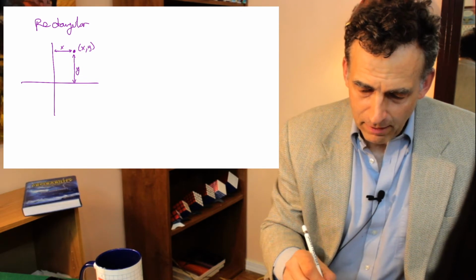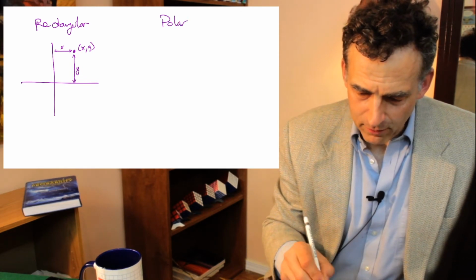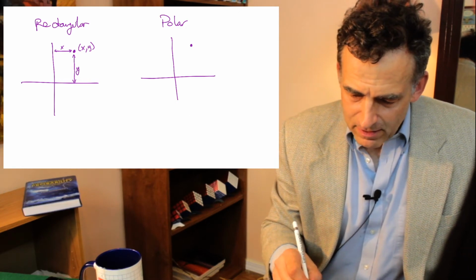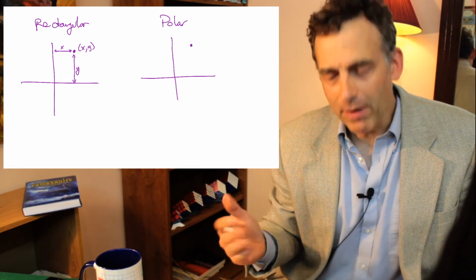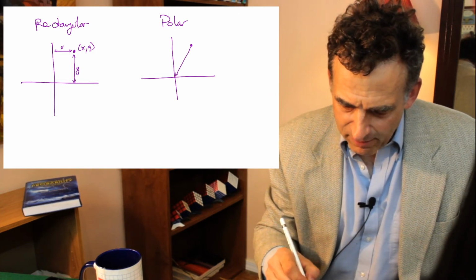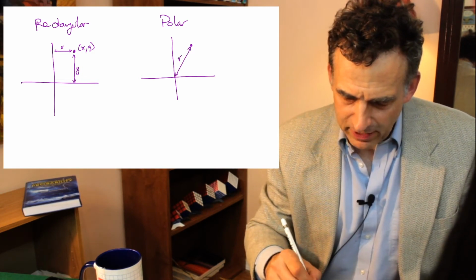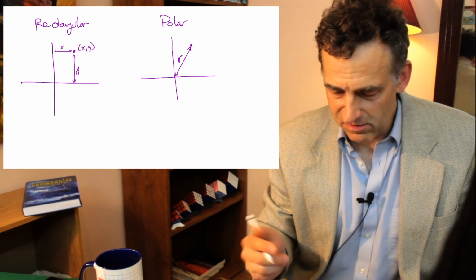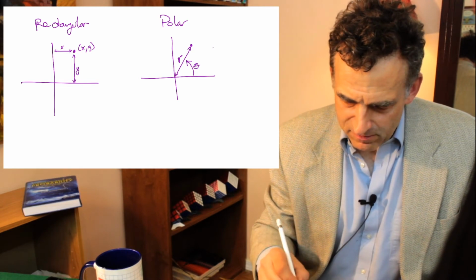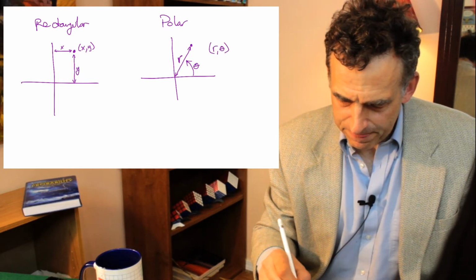In polar form, you have a similar situation. You have a point, and you're going to be measuring a distance from the origin, and I'm going to call that r for the radius. And then you're also going to compute this angle, and so you have r theta.